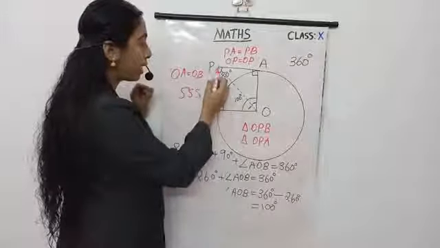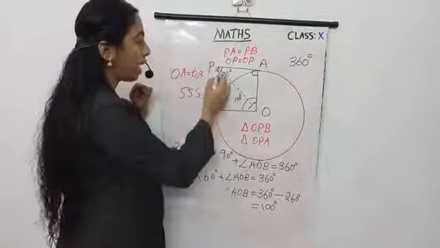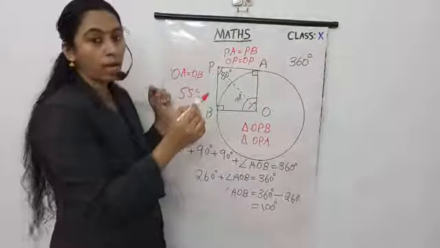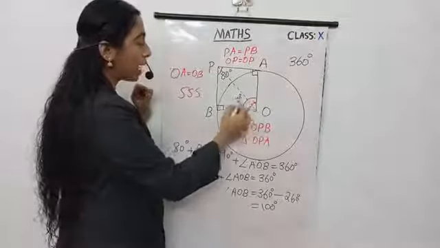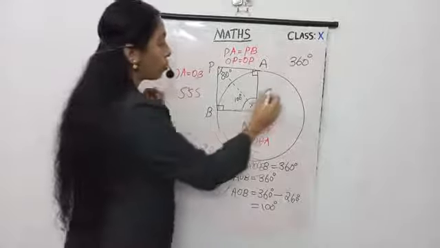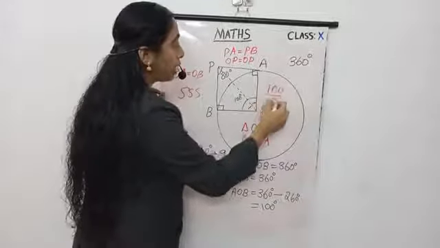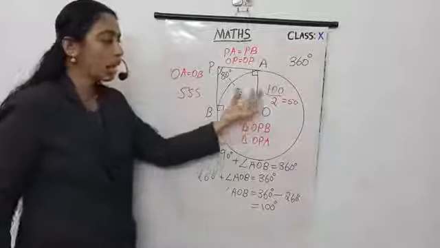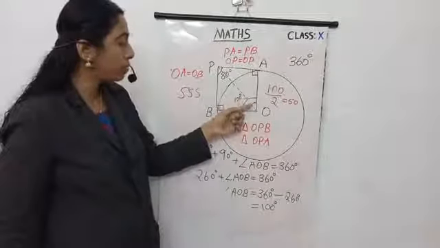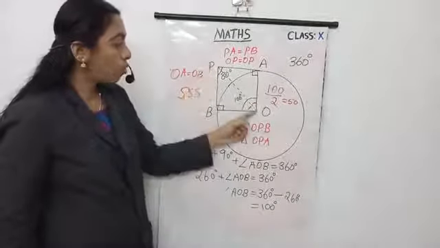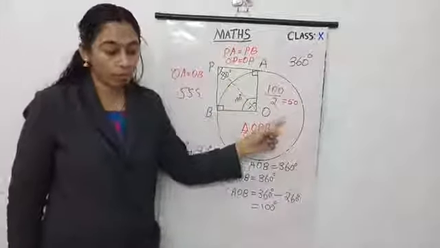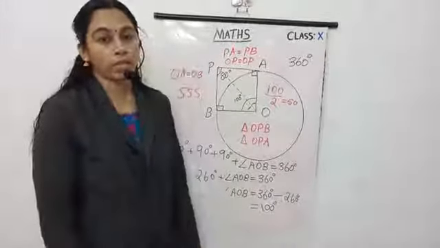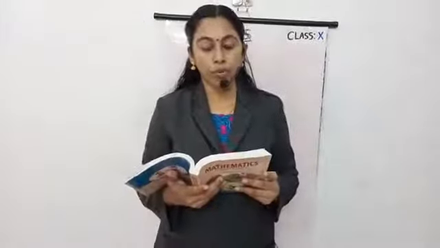That means angle POB and angle POA are equal. The sum of these angles is 100 degrees, so one angle is 100 by 2, that means 50 degrees. So POA is equal to 50 degrees. So the correct option is A.